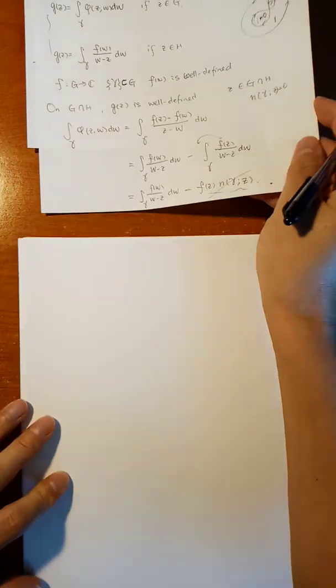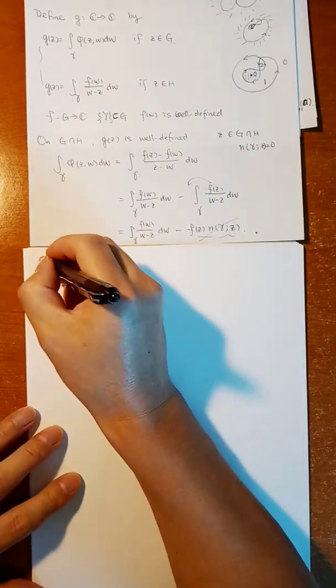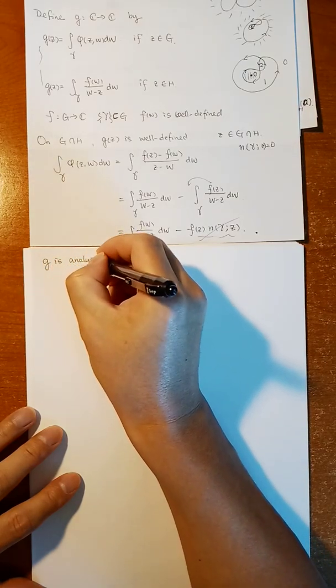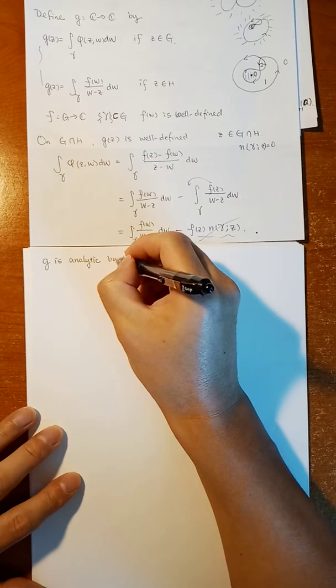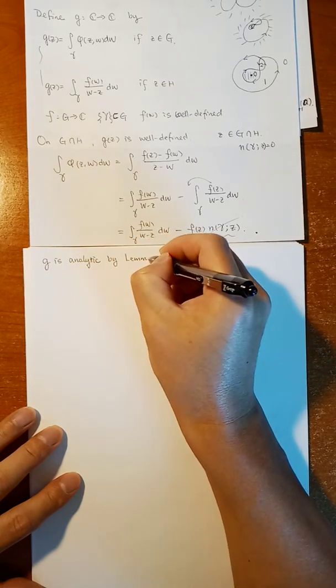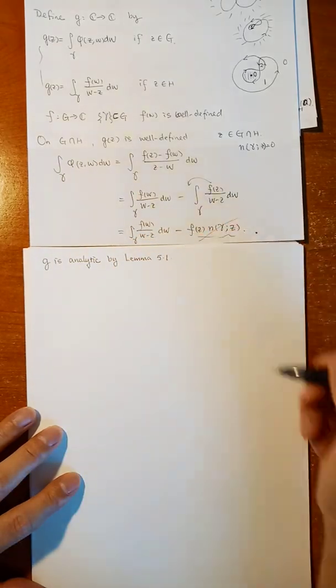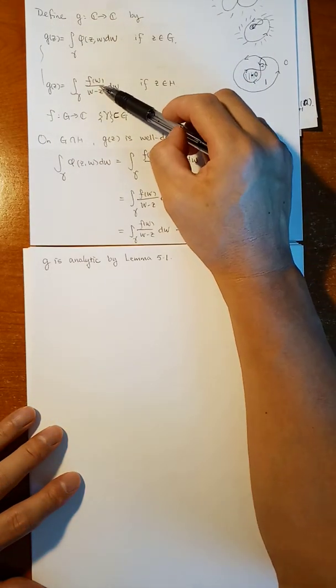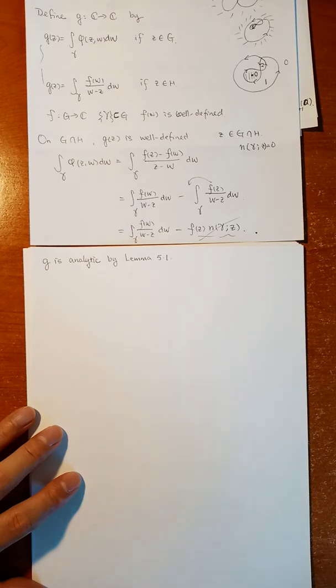Then g is analytic by this lemma, Lemma 5.1. You integrate, this one is analytic, this one is also analytic.